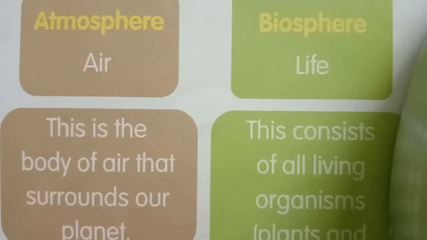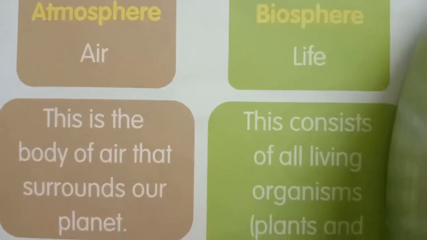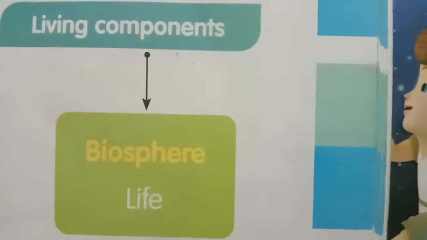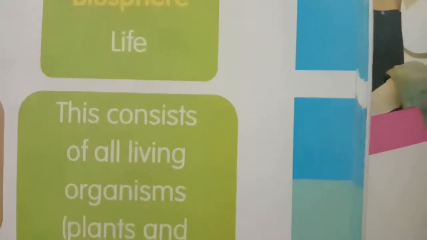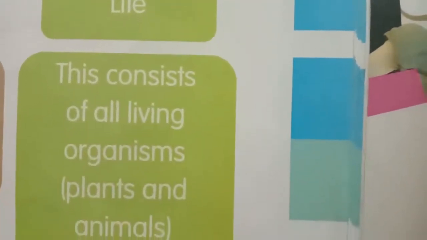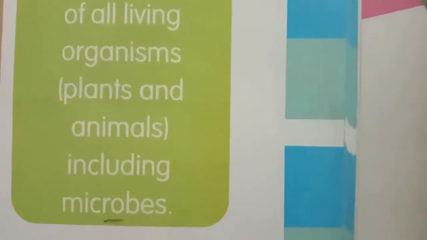This is the body of air that surrounds our planet. Living components, biosphere, life. Living things have life in them. This consists of all living organisms, plants and animals, including microbes.